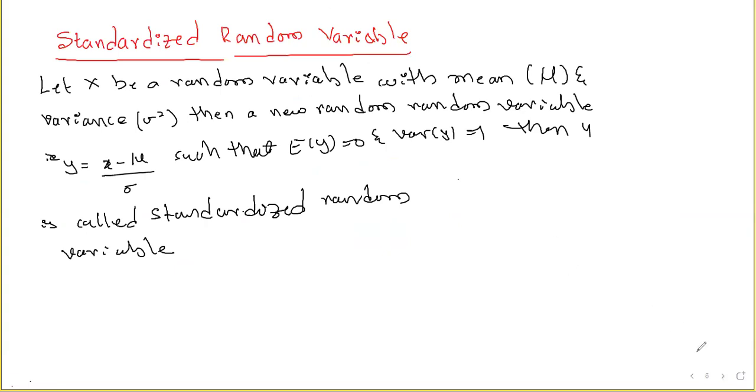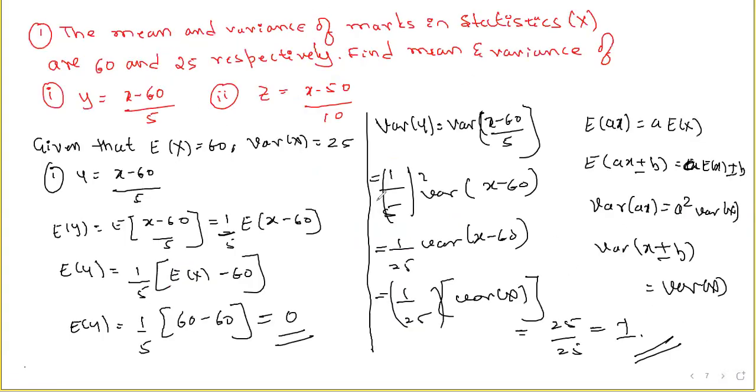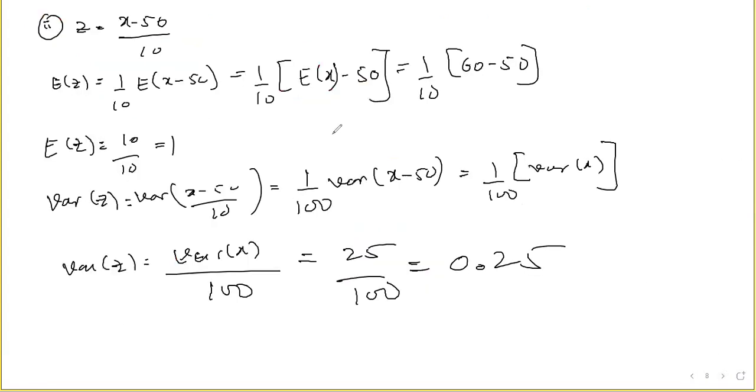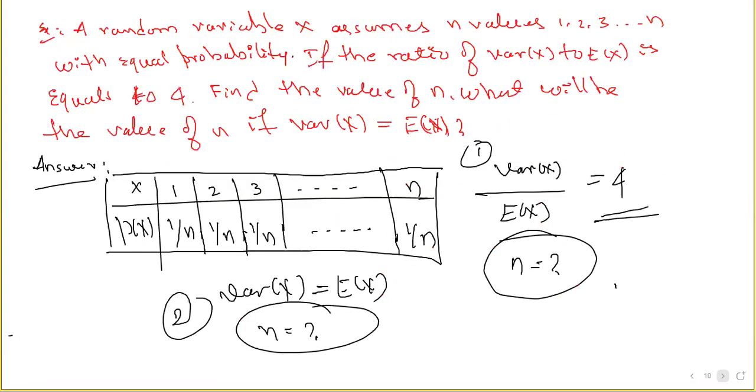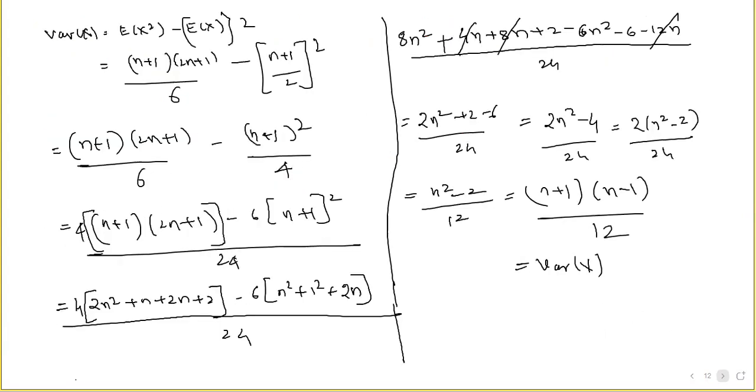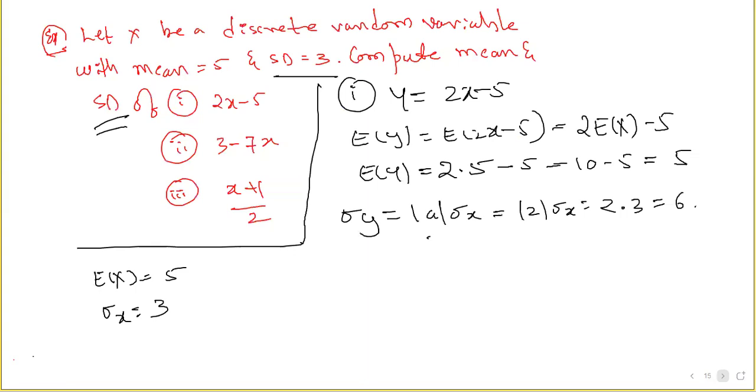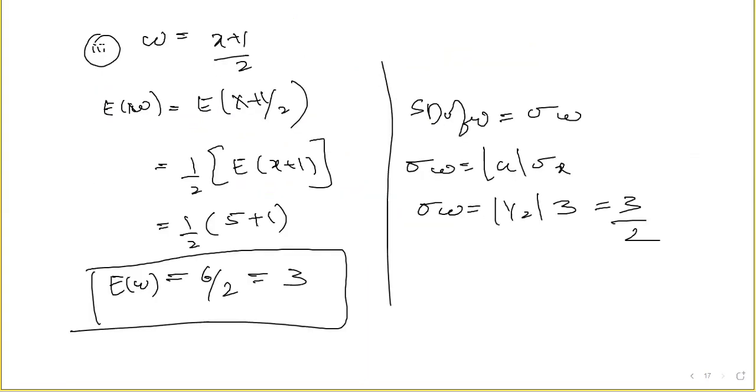After that, one example we solved regarding standardized variable, this example. After that, we discussed one point, that is this one. After this, we solved some special kind of examples like this, right? So if you have any doubt, you can contact me in the department tomorrow, right?